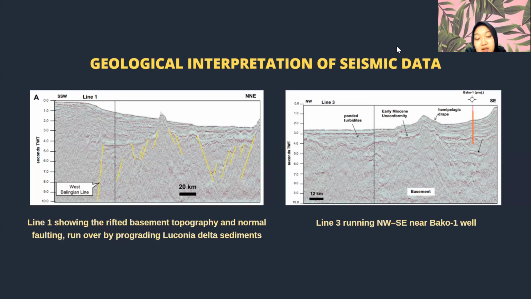As shown in this right figure, seismic profile line 3 runs northwest to southeast near the Bakuwan well, where the post-EMU trapping sediment is much thinner, away from the influence of the Rajang and Baram Delta.